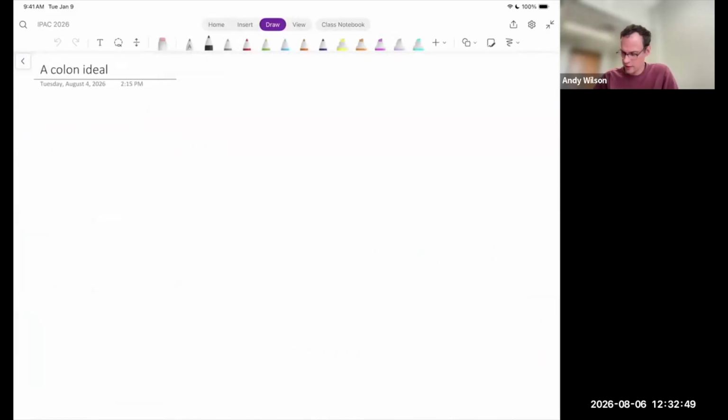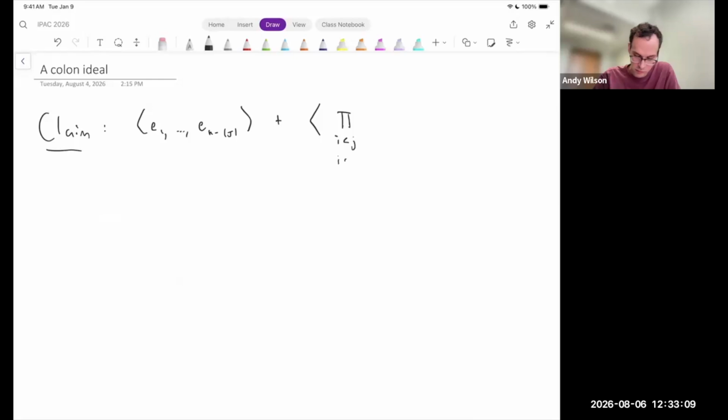Next I wanted to present this ideal another way. So here's the main claim for this section, that this ideal we've been looking at, the right side of this claimed equality of ideals, is equal to a certain colon ideal.